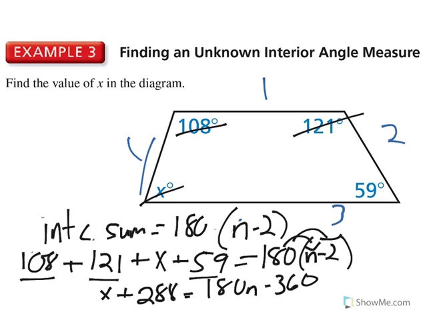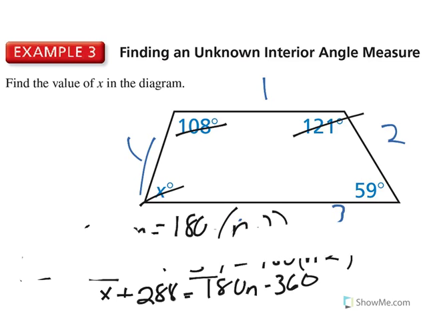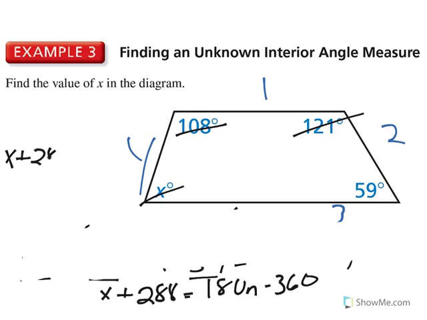So I have x plus 288 is equal to 180 times n. And I'm going to have to erase some of this so I can write it down on the same screen. So up here I'm going to have x plus 288 equals 180 times n, which now is 180 times 4, minus 360. 180 times 4 gives me 720.